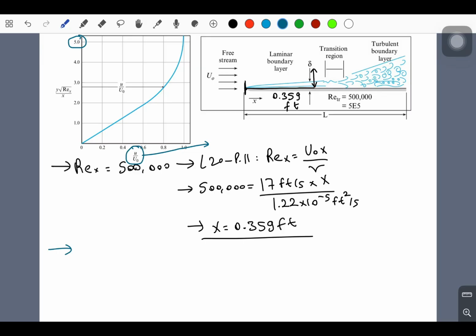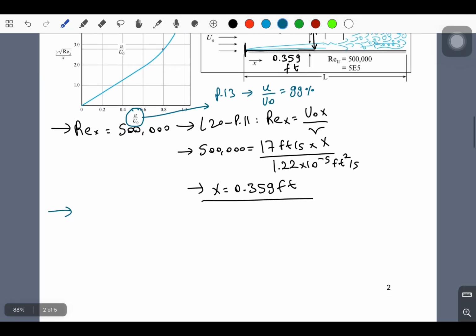As it is also stated on page 13 in lecture 20, this is when u over u0 is equal to 99%. So we are actually using this relationship to calculate any boundary layer thickness.